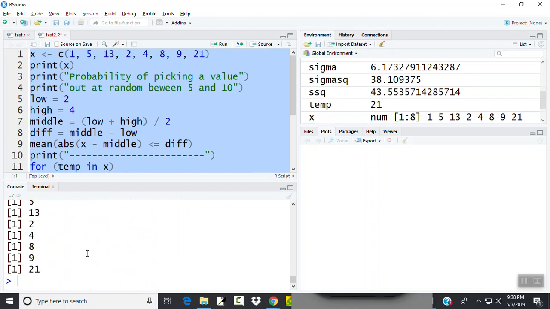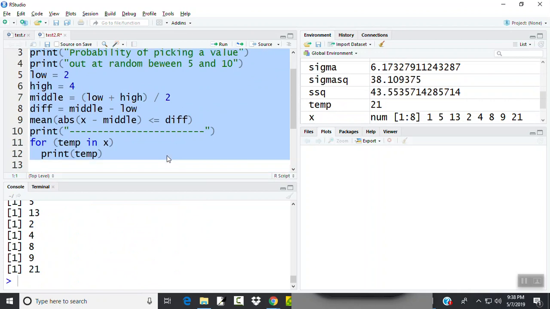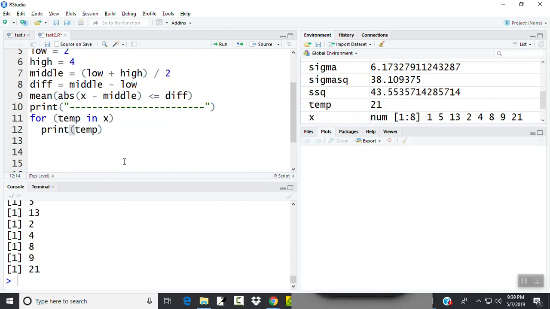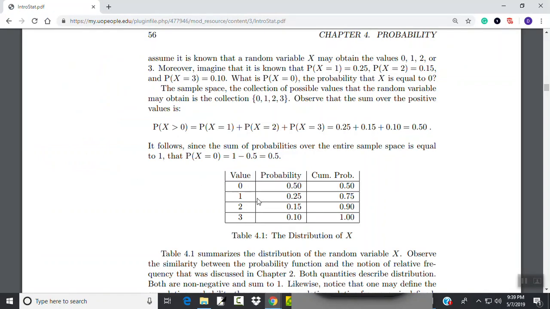One, 5, 13 goes through 21. Okay, this is your standard programming. What this does is loops through each one of these numbers. Well, I want to figure the probability here, but they're all different, so that'd all be the same.